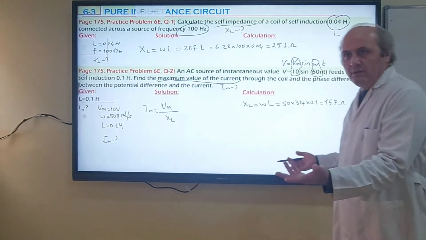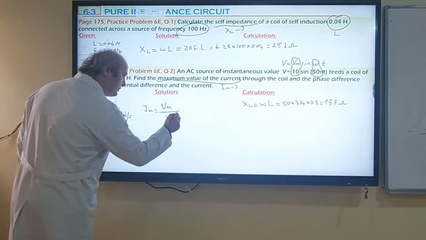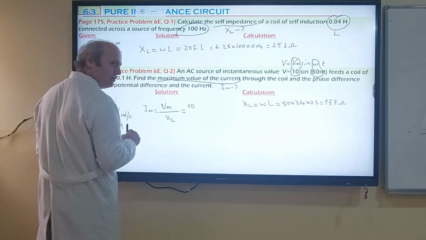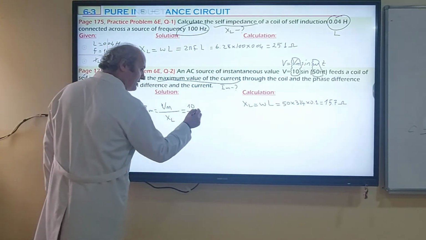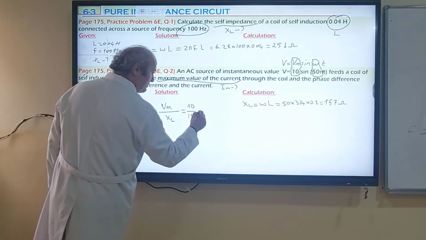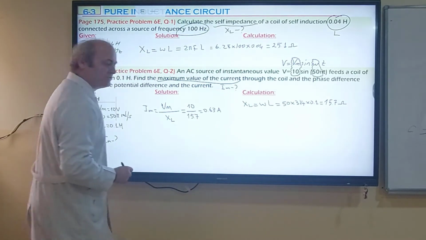Now we got XL, it's easy to calculate now. I maximum, because Vm is given in the generator equation as 10 volts, XL we calculated as 15.7. So the result is going to be 0.63 ampere. This is the maximum current.